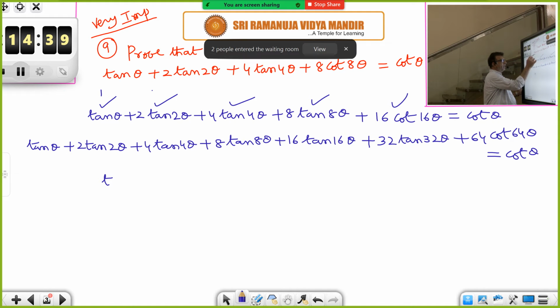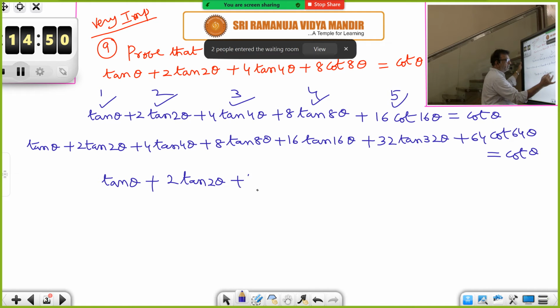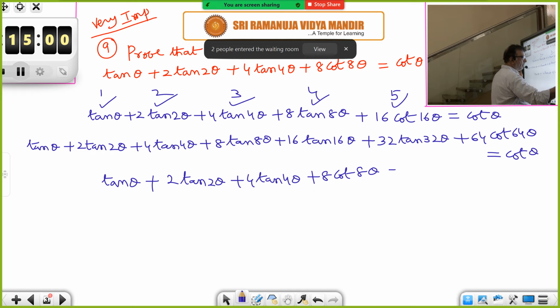Tan theta plus 2 tan 2 theta plus 4 tan 4 theta plus 8 cot 8 theta, complete it, is equal to cot theta. Correct. You are perfectly right.